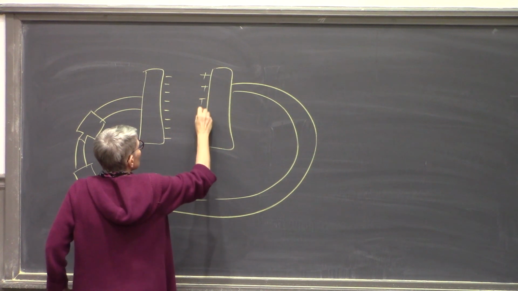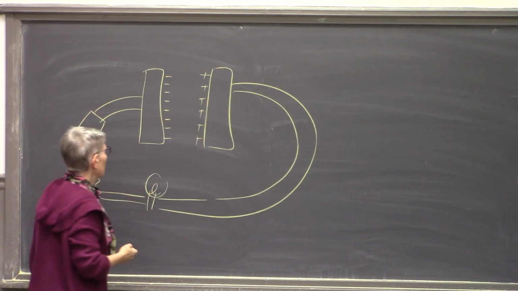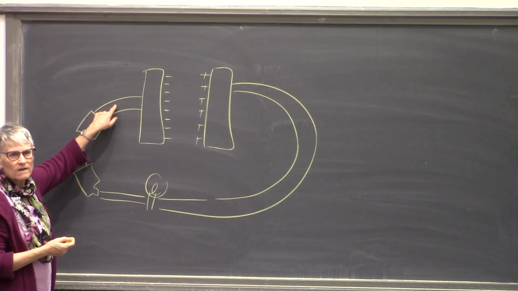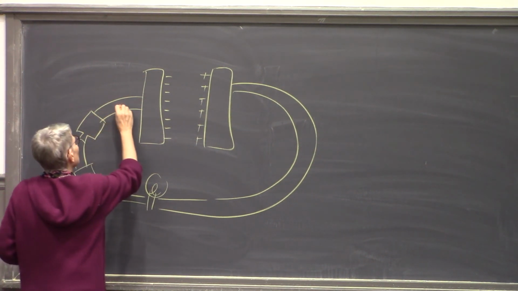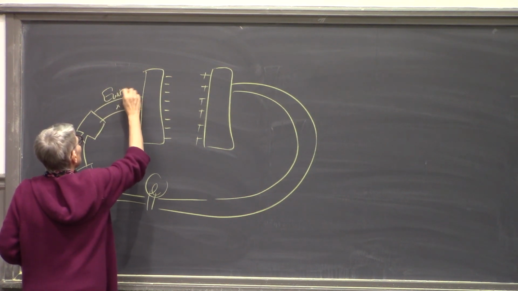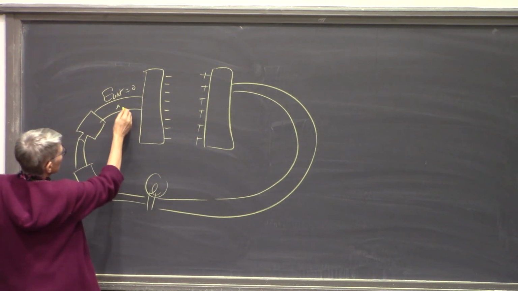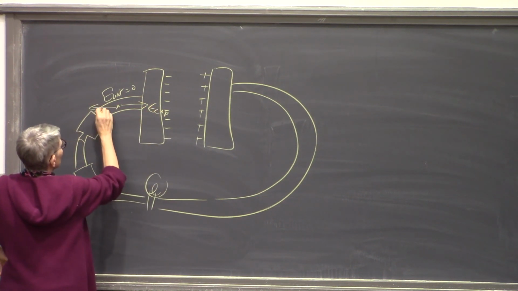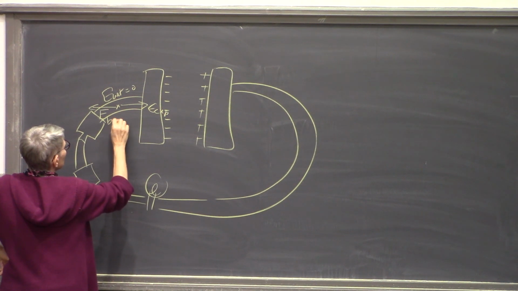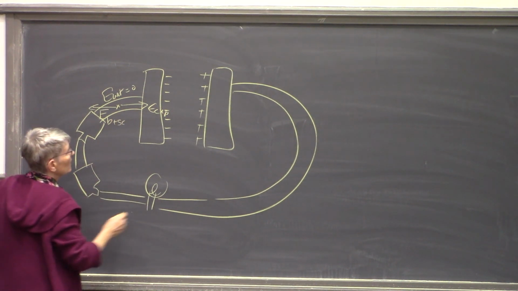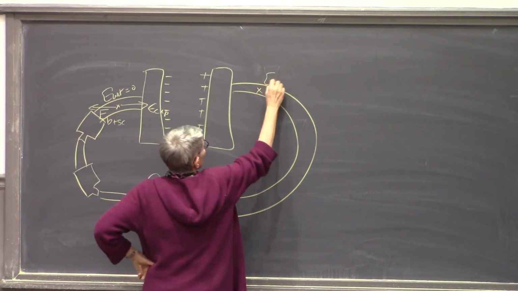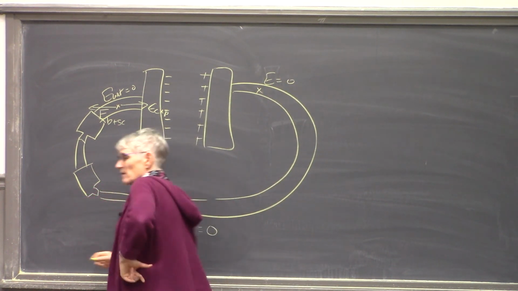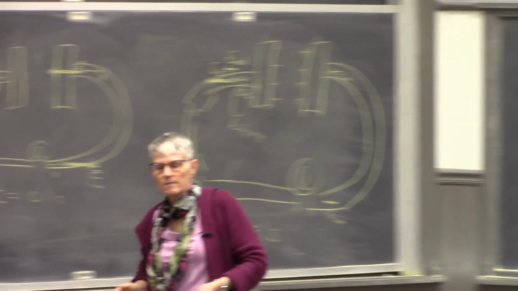Lots of positive charge. What's the net electric field here? 0. And that's the sum of the field due to the capacitor and the field due to the batteries plus surface charge. And it's also 0 here, and it's also 0 there, right?